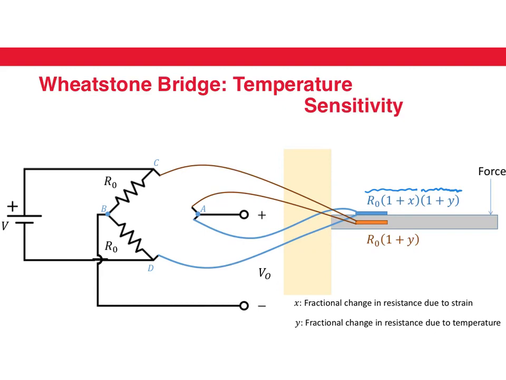Another of these strain gauges, we make sure that it does not measure any of the strain, but because it is in the same environment, it measures the change due to the temperature. If you look at the output of this Wheatstone bridge, the dependence on the temperature is reduced quite a bit. I'll leave the maths to you. Basically, you have to write the voltages of both the voltage dividers and subtract them to get the output of the Wheatstone bridge.